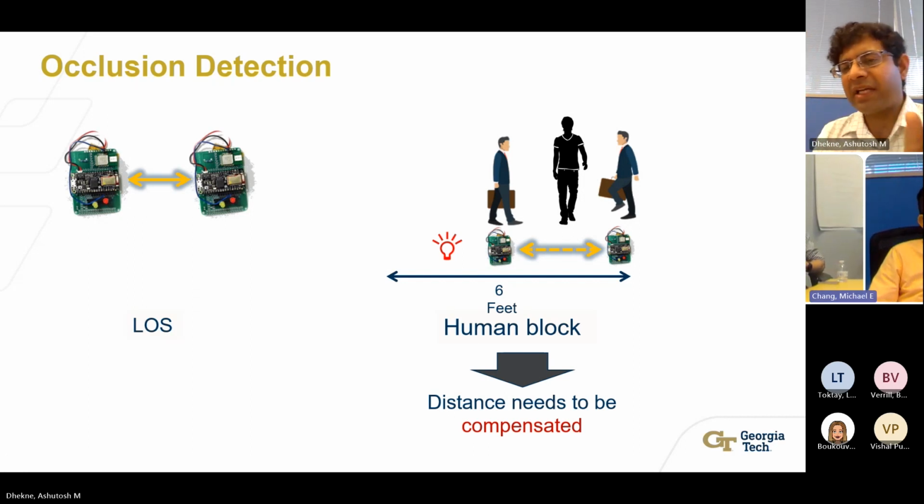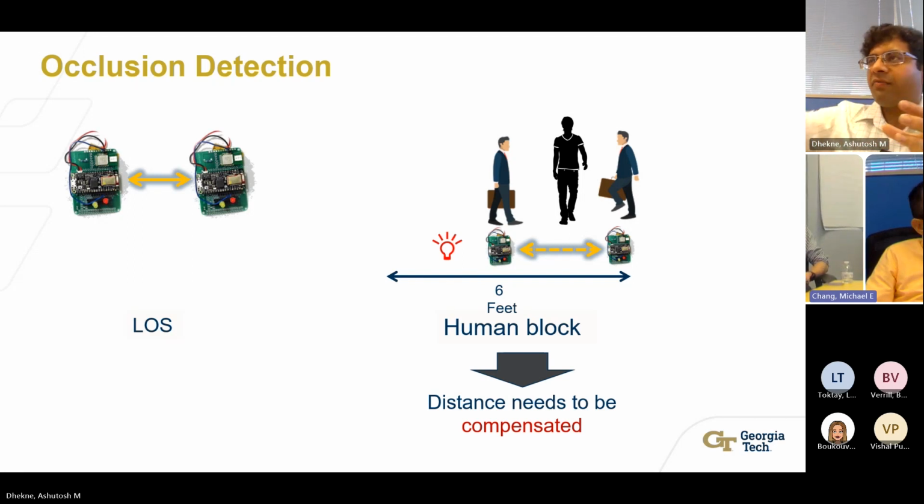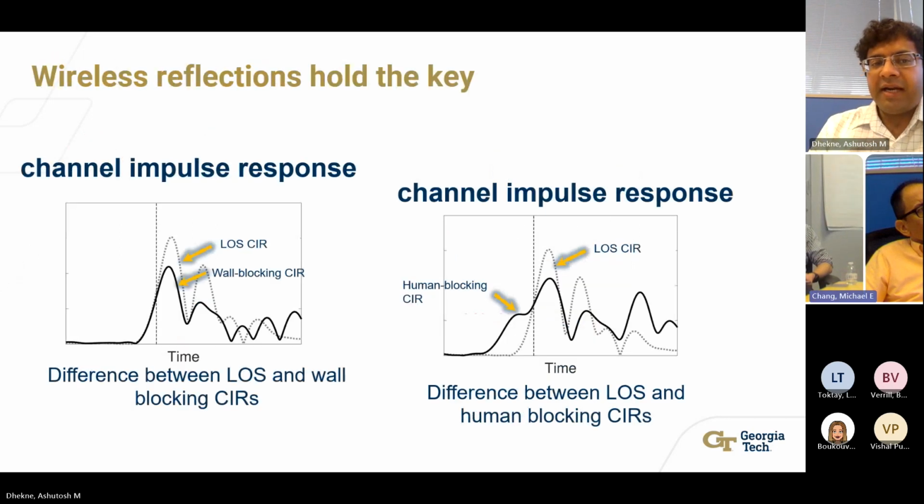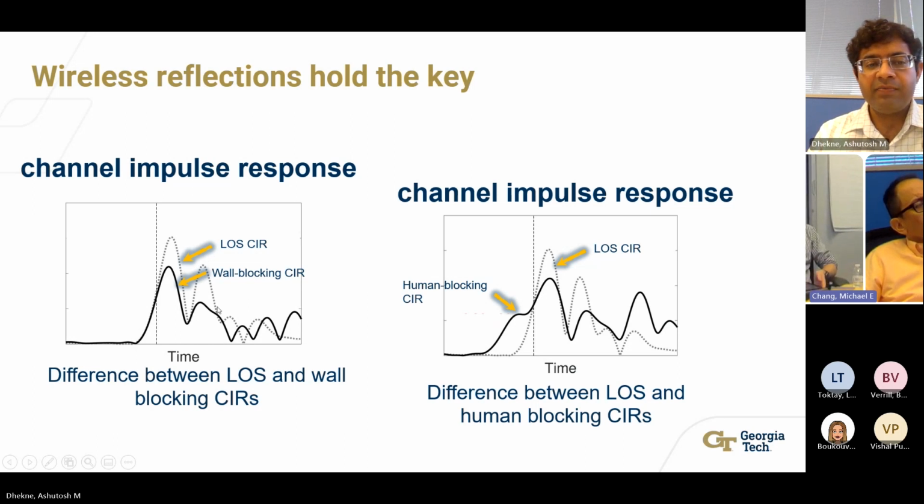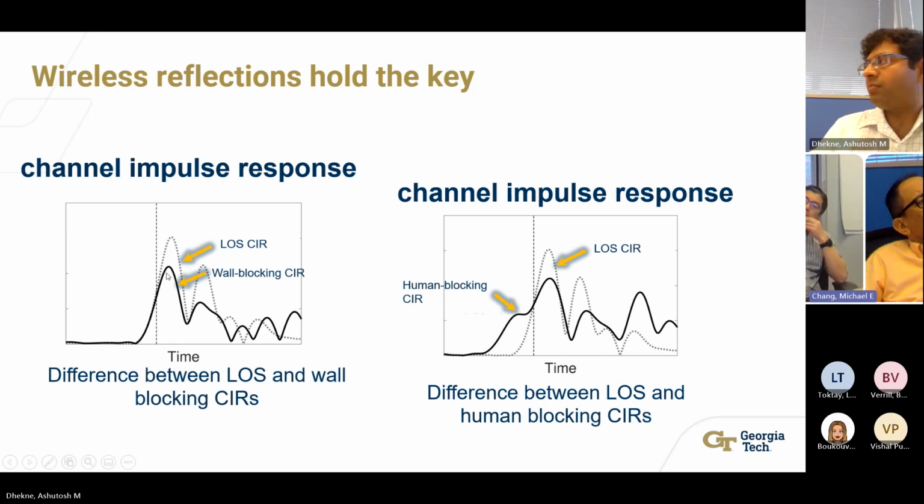And these, technically speaking, are slightly different questions, because from a wireless reflection perspective, you get different reflection patterns, right? And here are those two different reflection patterns. You typically get a line of sight pattern, which is this dotted line, which is very clean, which tells you exactly that there is nothing in between these two devices, and then you can measure distances properly. But a lot of times you get an attenuation because something like a physical wall is blocking it. It's a lowered signal, of lower strength.